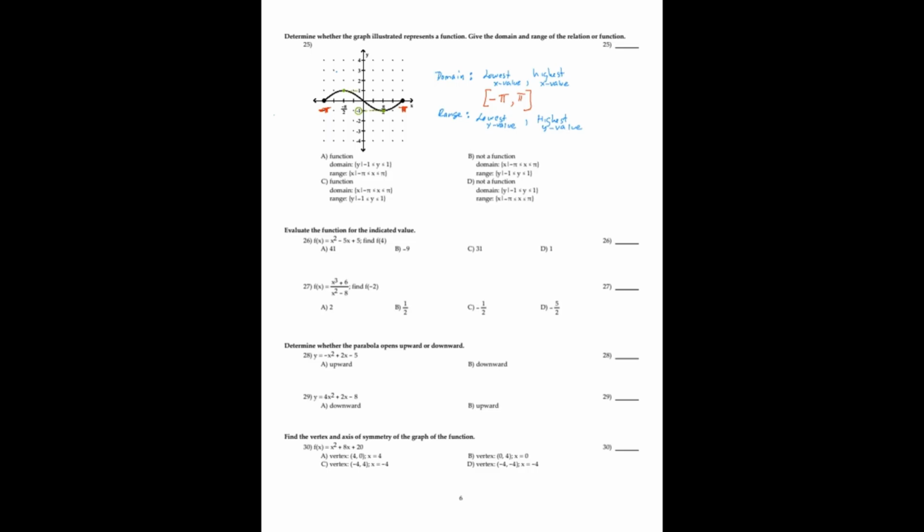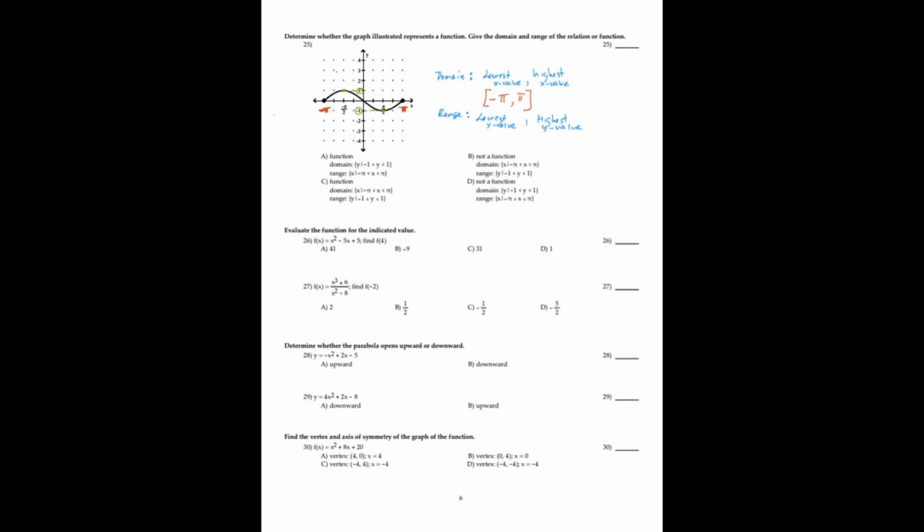1. So this graph is oscillating between -1 and 1 all the time. So it will be contained between these two y values. If you extend it beyond pi and minus pi, it will be periodic, right?